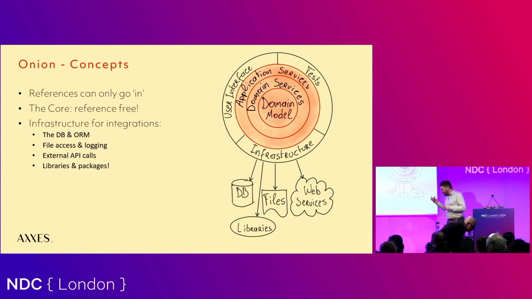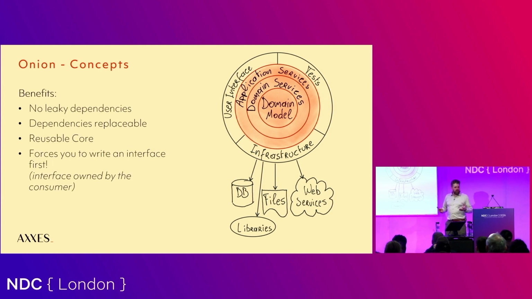And remember that I said what made SOLID click for me was that interfaces are owned by their consumer. That's exactly what this architecture forces you to do, because before you do an implementation, even of your database repositories, you're forced to think about what interface you want to be implementing here so that it works for your domain model. So this forces you in the right direction.